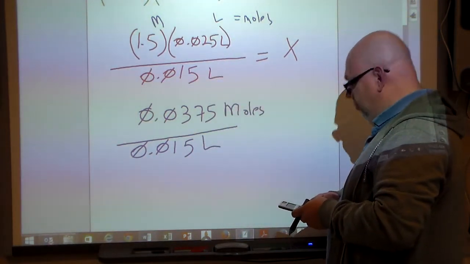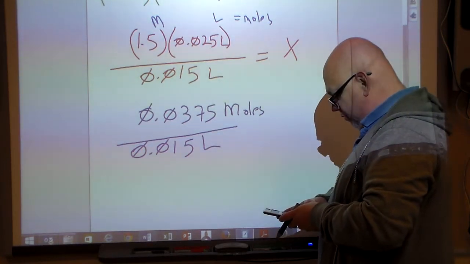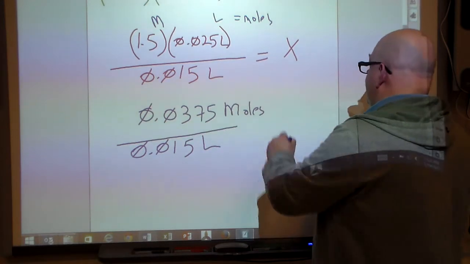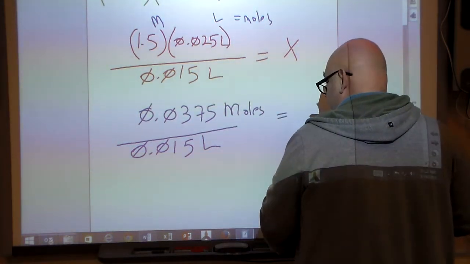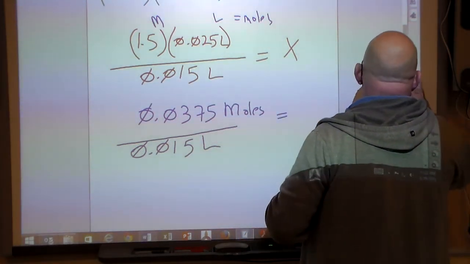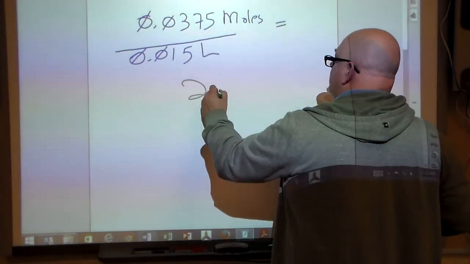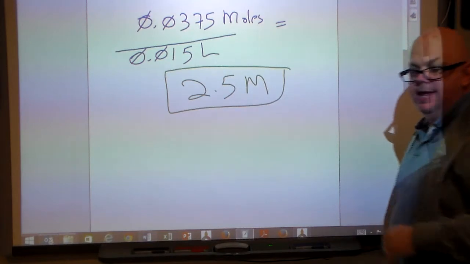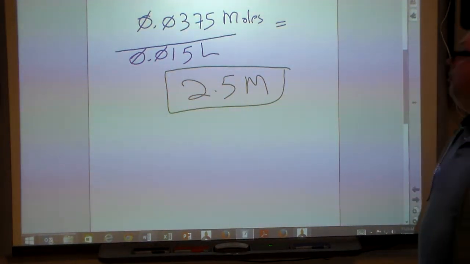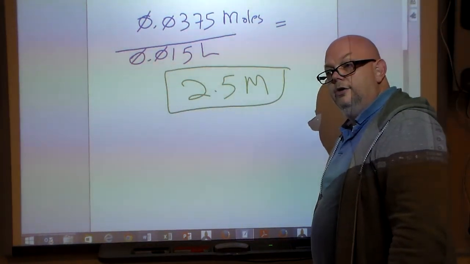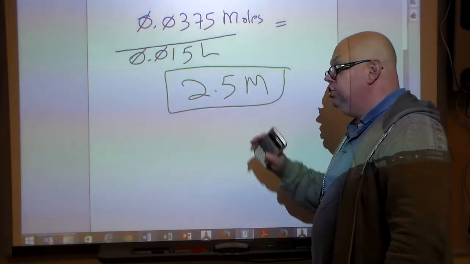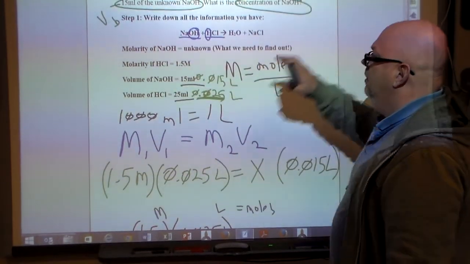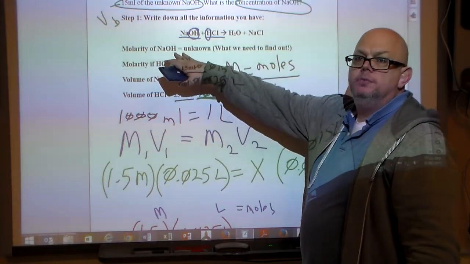So 0.0375 divided by 0.015 equals, and we end up getting, for our final answer, ladies and gentlemen, 2.5 molarity. That is our 2.5 molar solution. That's the concentration of our beloved NaOH.